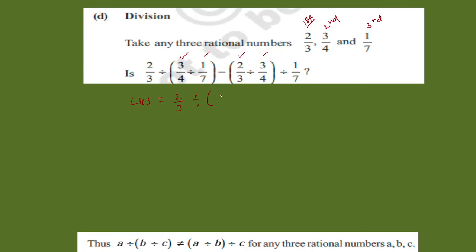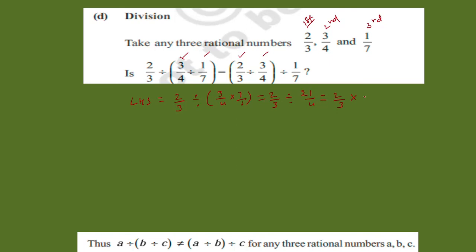First instance: 2 by 3, you write 2 by 3 as usual. Then first you simplify what is written in the brackets: 3 by 4 divided by 1 by 7, and the reciprocal of 1 by 7 is 7 by 1. Write 2 by 3 as usual divided by 3 sevens are 21, 4 ones are 4. When there is a division, you put a multiplication symbol and write the reciprocal of the divisor.